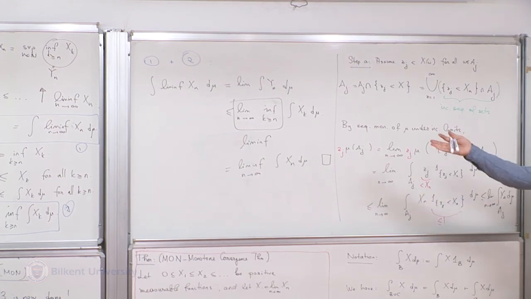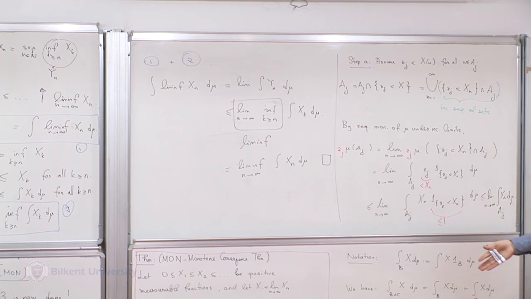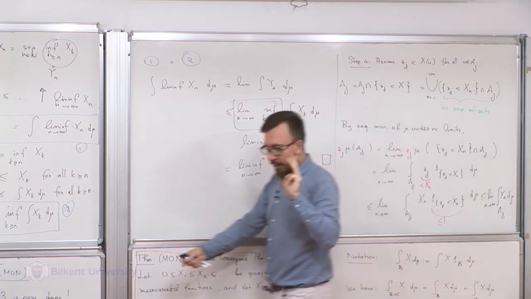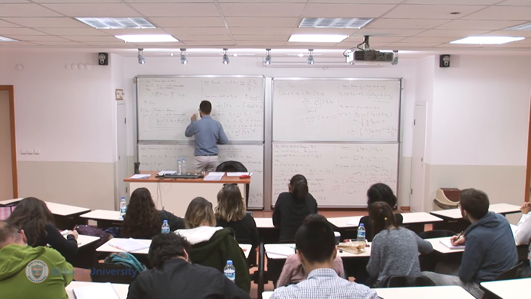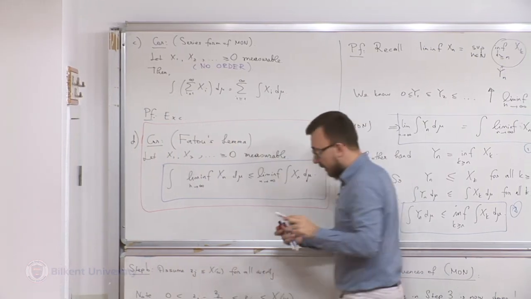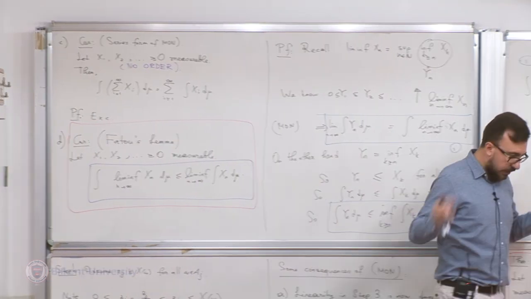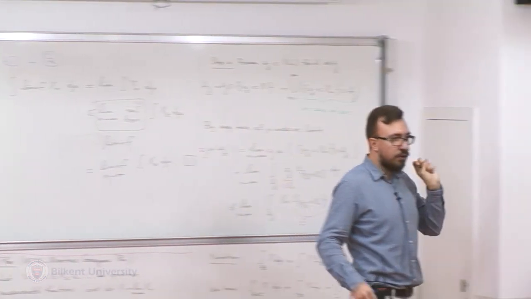So Fatou's Lemma is an important convergence result, okay? There are three big convergence results. One is monotone convergence theorem. The other one is Fatou's Lemma, although it just looks like a corollary that is squeezed here. It is another important convergence result.